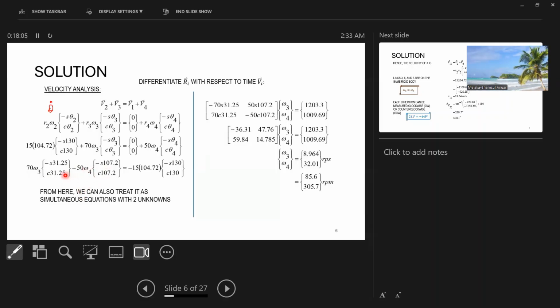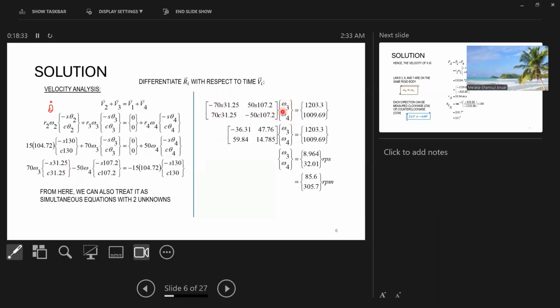So here we have 2 unknowns, omega 3 and omega 4, and we have two equations on the top and also on the bottom. So we can solve this in many ways. But I personally like to change it from this format into this one.